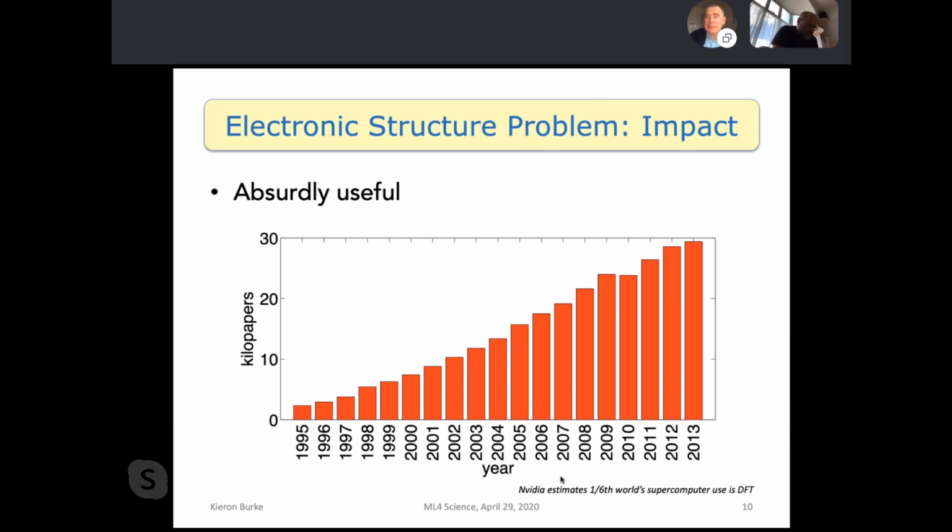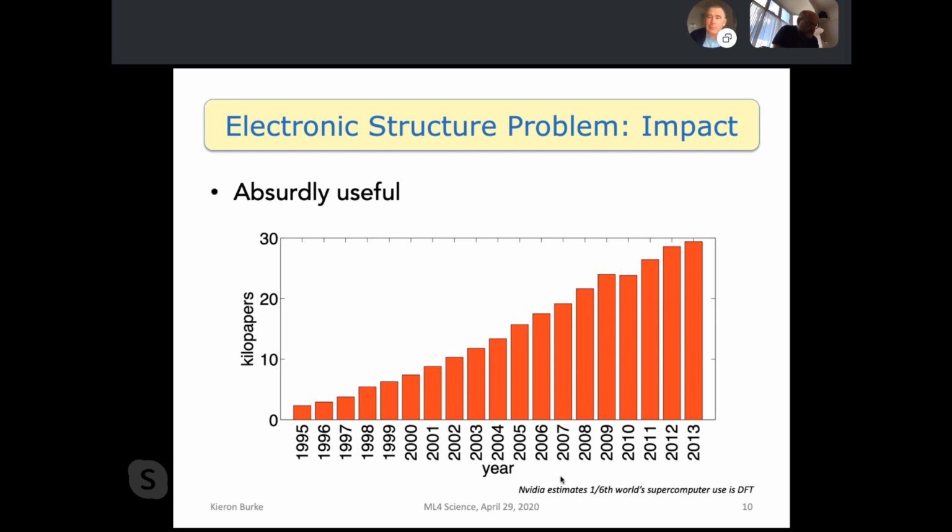And the sad part about all this use is that in none of those 50,000 calculations do they get the right answer, because they use approximate functionals and they have errors in them, right? One of the biggest problems with the whole field is that we would like our methods to be more accurate. In fact, typically DFT calculations are not as accurate as traditional quantum chemistry.